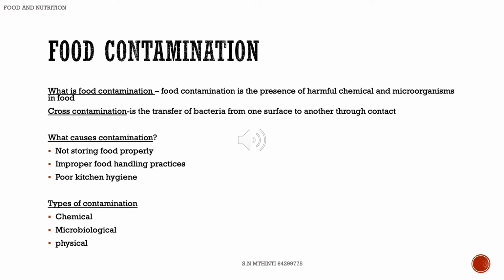This is contamination through bacteria and viruses that is naturally in food. Viruses and bacteria such as Salmonella and E. coli. And lastly, physical contamination. Physical contamination could be broken glass in food or bones in a soup.